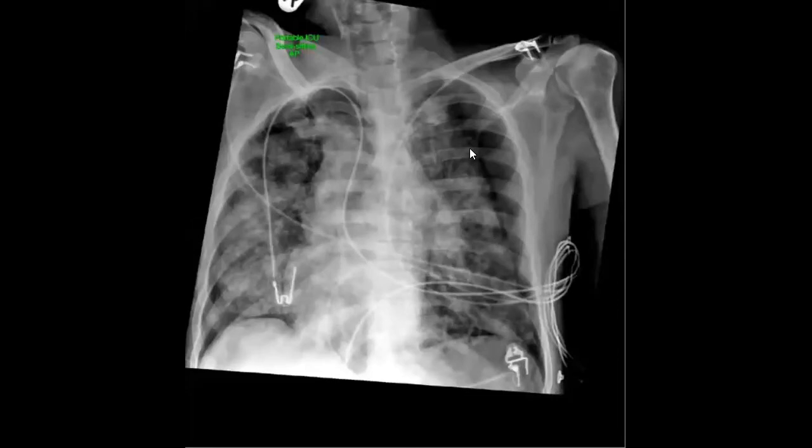You can start with this appearance, which is, yes, an obvious pneumothorax here. Perfect. And both lungs are invaded by multiple metastases.